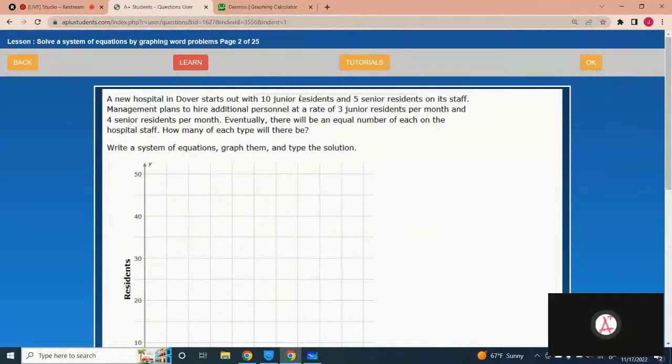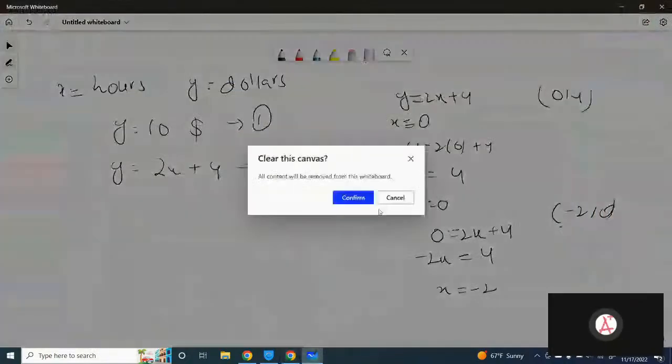Okay, let's just write down the equations for the question. Be careful while writing the equations.